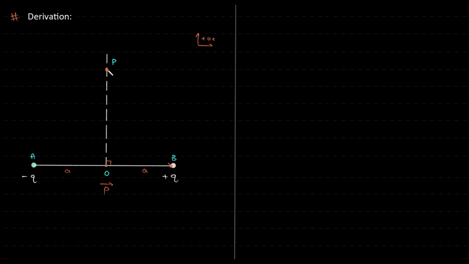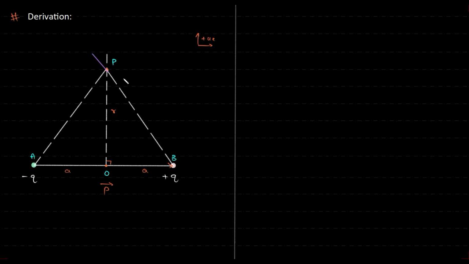Now we have a point on the equatorial line. Let's call OP our unit, and we will make use of this line. So let me draw this, because we will observe how minus Q affects a charge at P and how plus Q affects the charge at P. Now we have a push force, right?